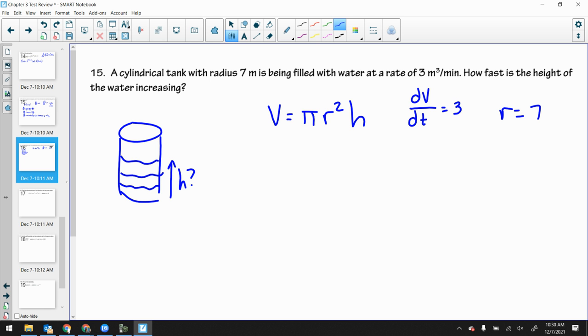Now, let me ask you something. Is r changing in this problem? No. r is going to be constant. So you know what we can do with that 7? Let's plug it in right now. V is equal to pi times 7 squared h. I can plug it in before taking the derivative because it will not change.